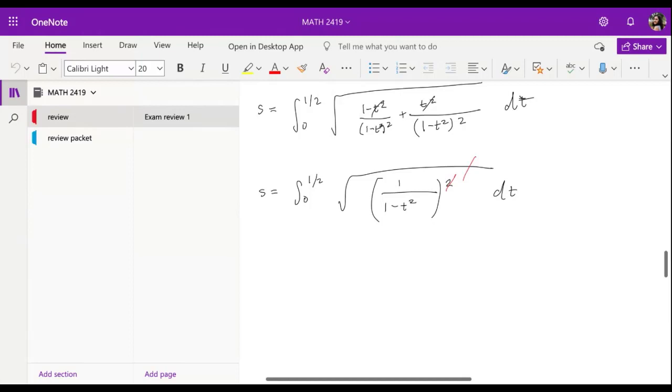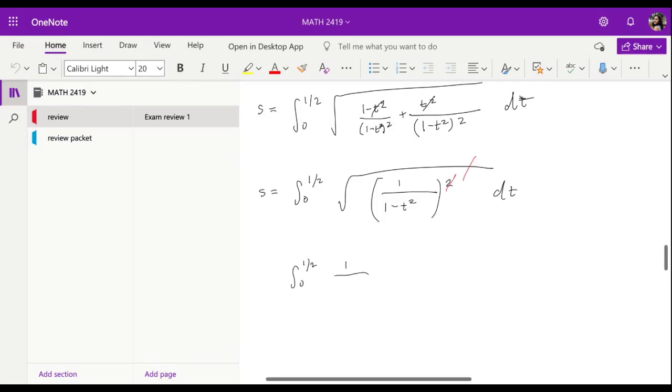Any questions so far? Okay. So once we cancel those out, we're left with just the integral from 0 to 1/2 of 1 over 1 minus t squared dt.